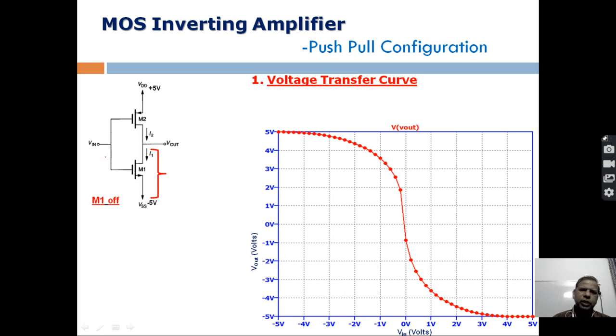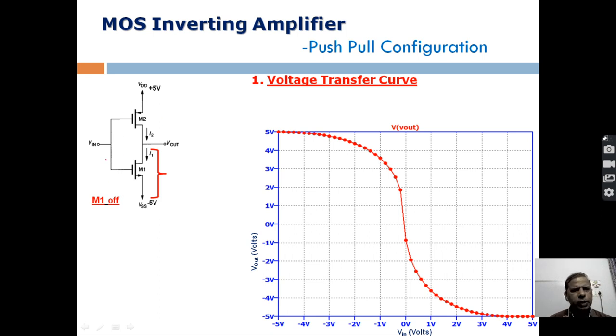This device will remain in the off state if the gate source voltage here is less than Vt, and in this particular example we are considering that the Vt of both devices is 0.75. Of course, for the NMOS device that is plus 0.75, and for PMOS it is minus 0.75.